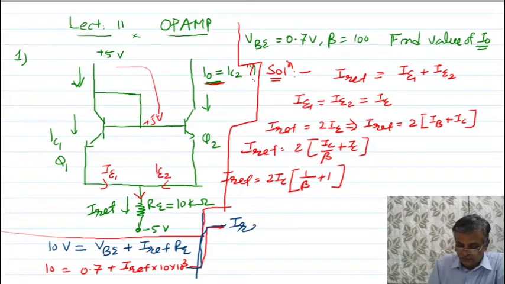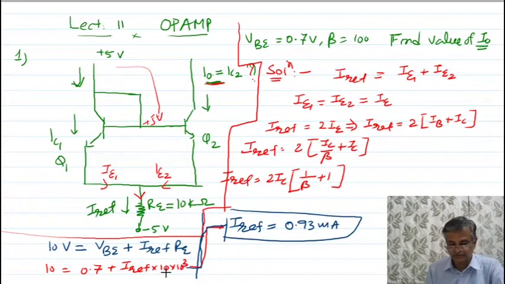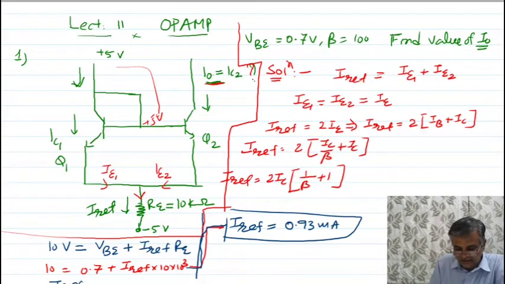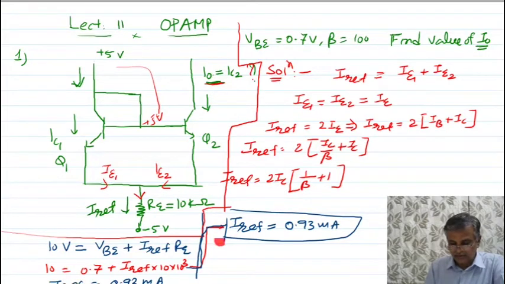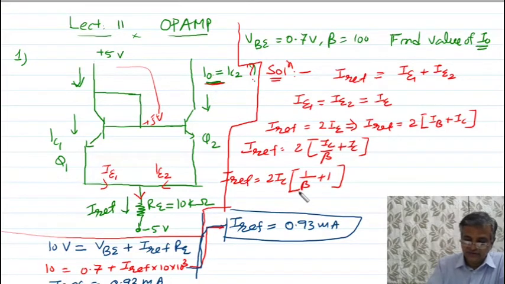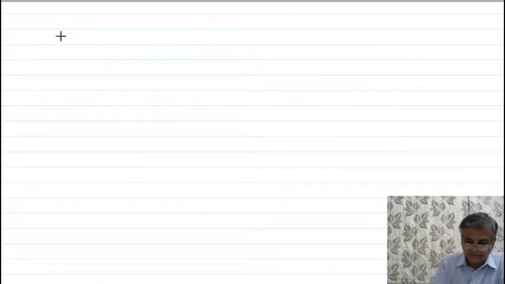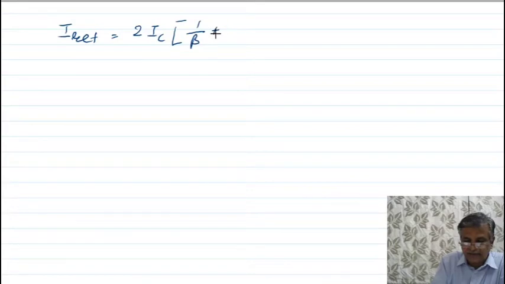I reference is equal to 0.93 milliampere. You can check this from this calculation. So use this value in this equation, you can find the IC. I reference is equal to 2 into IC into 1 by beta plus 1.